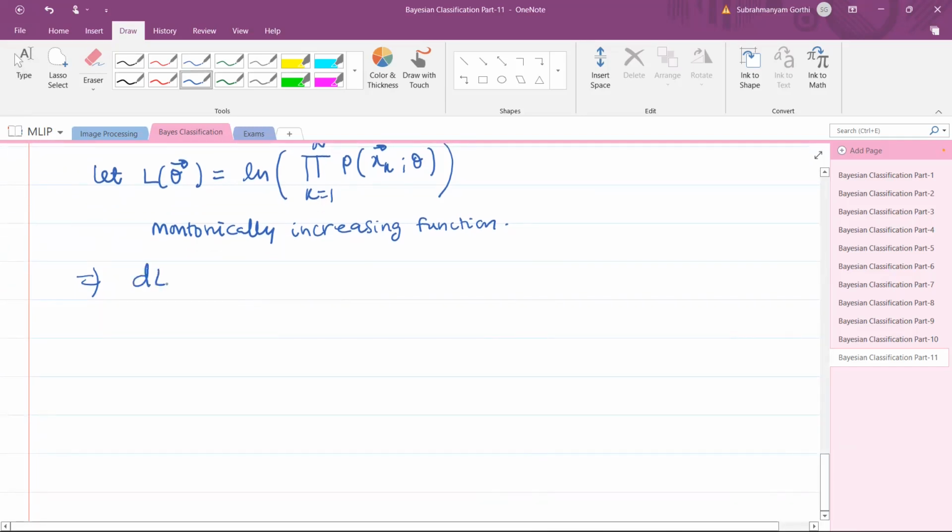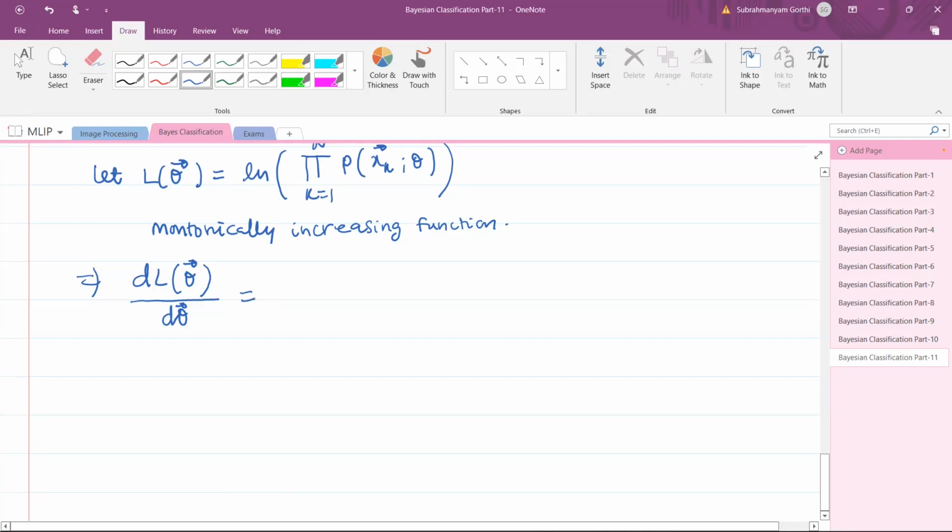So I could again do dL of theta bar. I'm calling it L of theta bar. That function, you take the derivative with respect to theta. So what would be that value now?